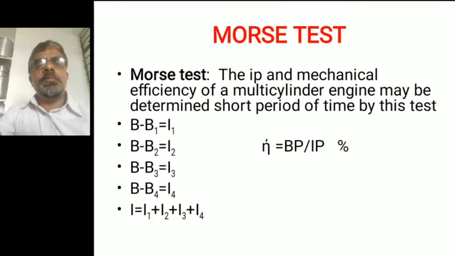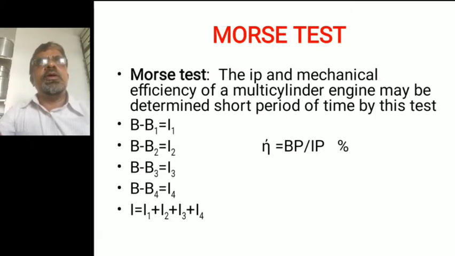Similarly, B1, B2, B3, B4 are the BP of the engine when cylinder number 1, 2, 3 and 4 are rendered inoperative. In the same way, F1, F2, F3 and F4 are the FP of the engine when each cylinder is rendered inoperative. We know that I is equal to I1 plus I2 plus I3 plus I4.